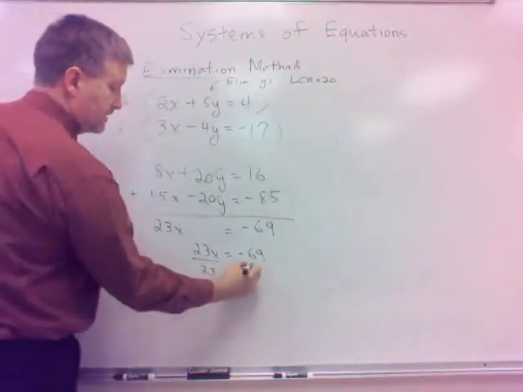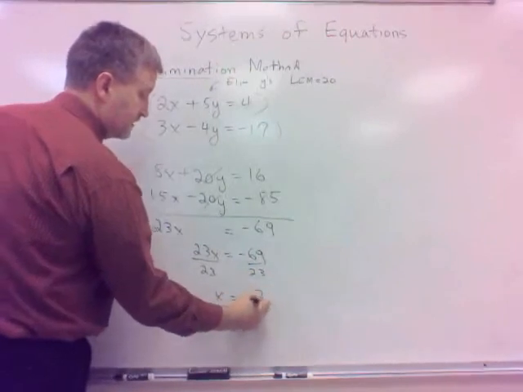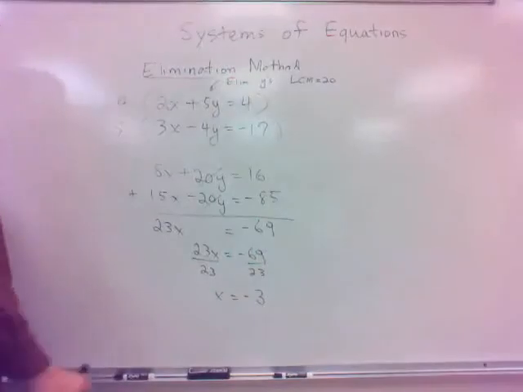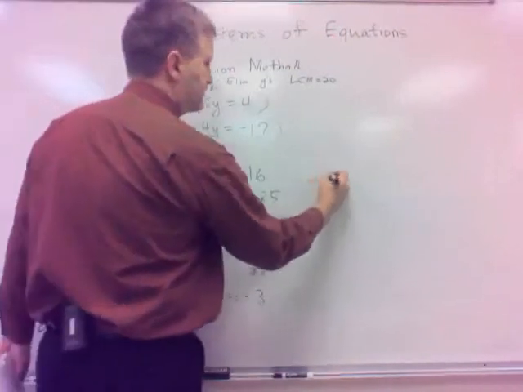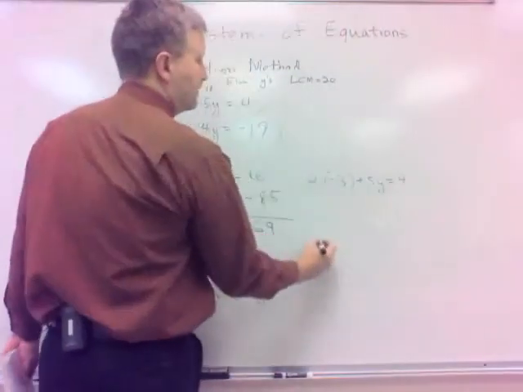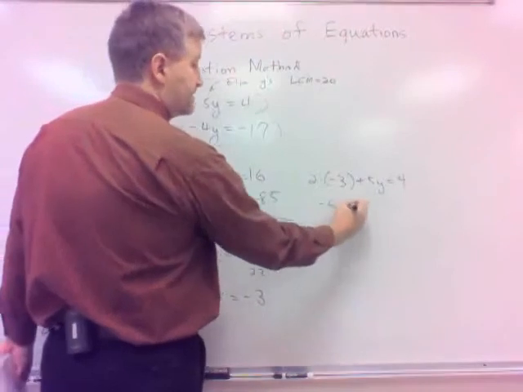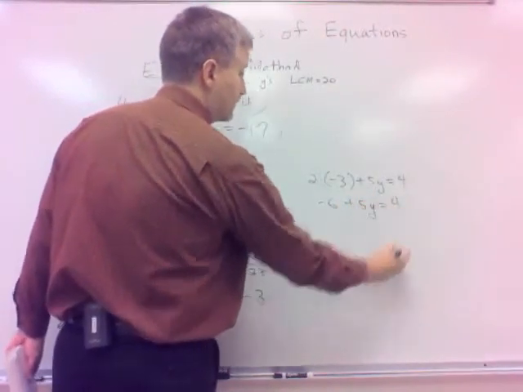Divide by 23. I'm seeing x is negative 3. Well, if x is negative 3, I can just plug it in to be negative 3. 2 times negative 3 plus 5y equals 4. You can find the y. So negative 6 plus 5y would equal 4.